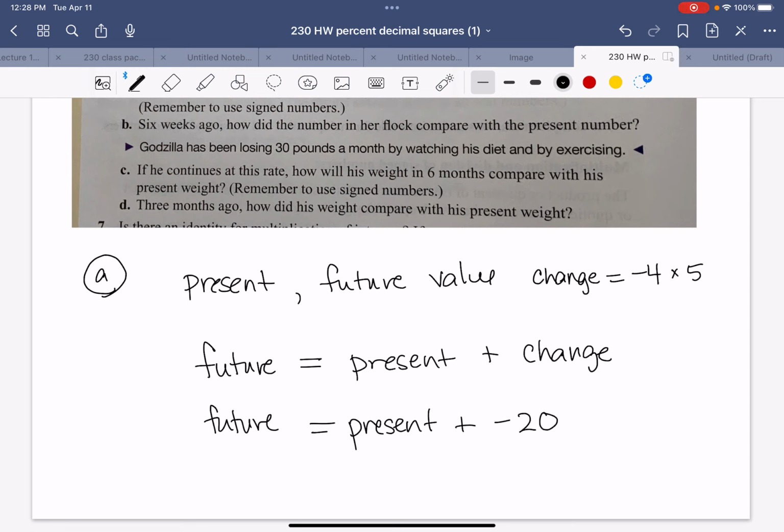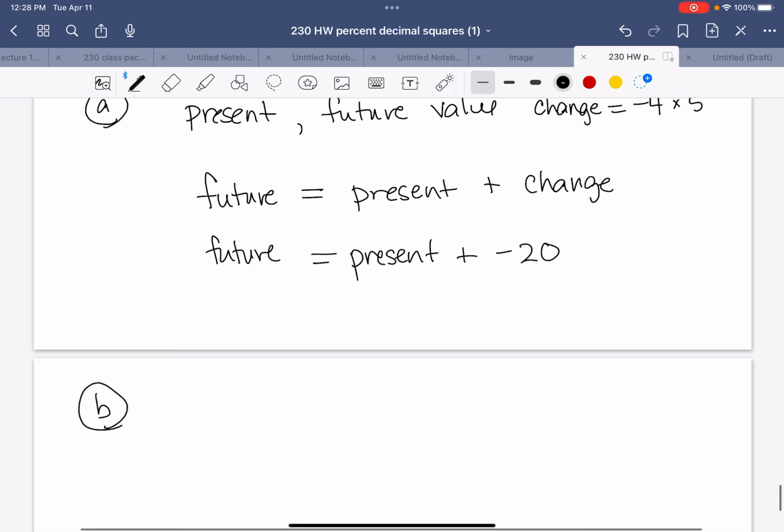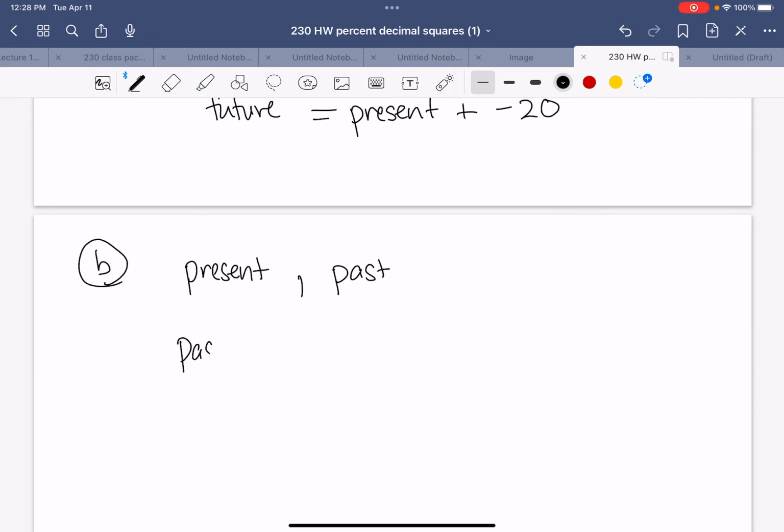In part B, 6 weeks ago, how did the number in her flock compare with the present number? So in this one, we have the present value. And instead of having future, we have a past value. And so in this case, your present value is equal to the past value plus the change.